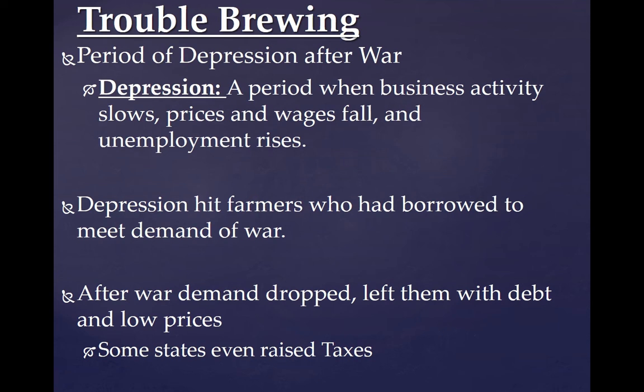So when the demand dropped, it left them with this debt and low prices, and it really hit these farmers that couldn't pay off this debt. And some states even raised taxes in hopes of getting money to pay off these debts from the war, and that's going to be a problem for these farmers.